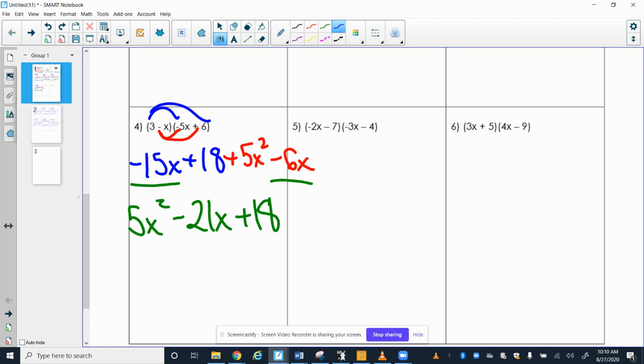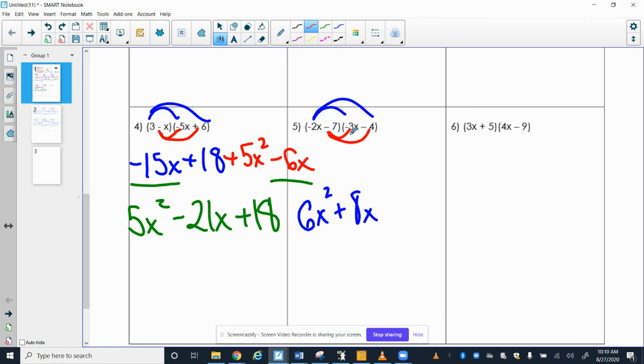Try another one. Multiply the negative 2x to both. So negative 2x times negative 3x, that'd be positive 6x squared. Negative 2x times negative 8, plus 8x. Then let's multiply the negative 7 to both.